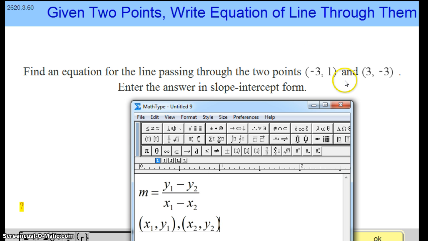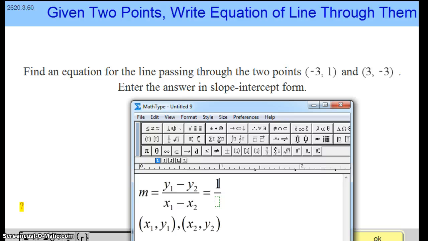We could call either of these x1, y1, or x2, y2. So why don't we just say this one's the first one. This is x1, y1, x2, y2. Okay, so let's plug it into our formula here for slope. So we'll get, sorry, that's wrong.